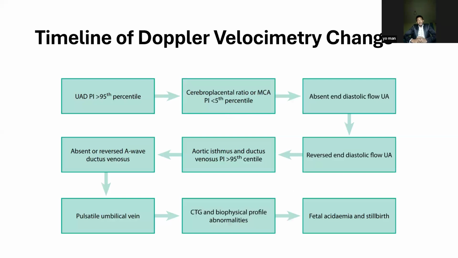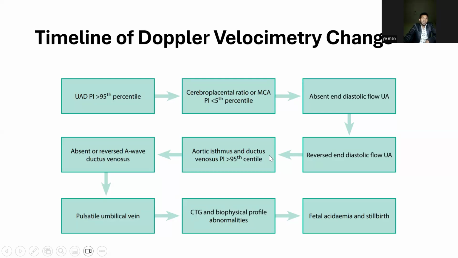In any form of FGR, usually the early onset phenotype, there is a cascade of velocimetry change. The first one to be altered is uterine artery PI. The second is cerebroplacental ratio. Third, the diastolic flow will be qualitatively absent, and if it progresses, it will go reversed. Then the aortic isthmus and the ductus venosus PI will be altered before the A wave becomes absent or reversed.